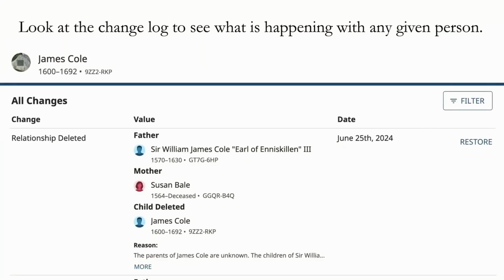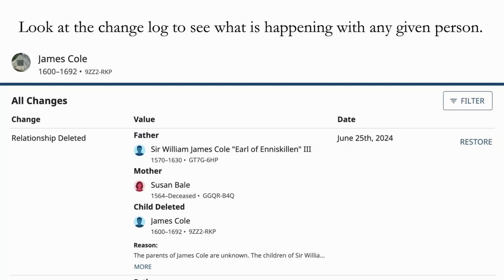So here we have a person named James Cole, and his father is listed. And this is just kind of my closing deal here to show you this one. His father's name is Sir William James Cole, Earl of Enniskillen, Roman numeral 3. So he's the third Earl of Enniskillen.